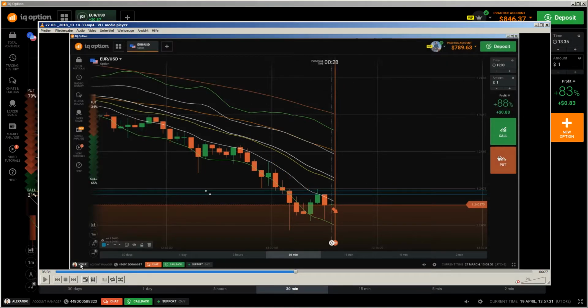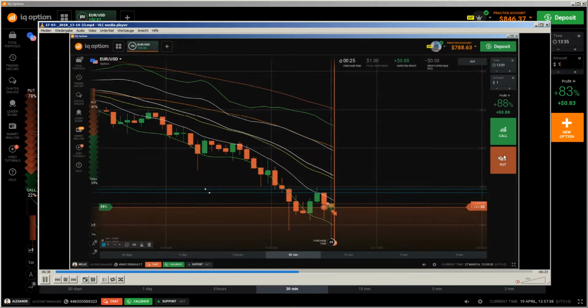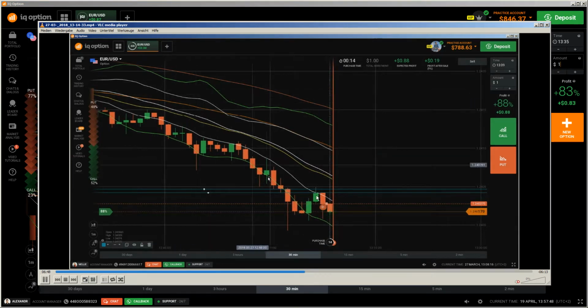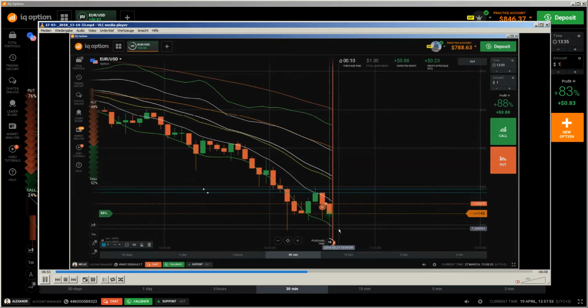So let's see. I recognized it immediately, and then I entered a put immediately without any kind of rejection, because I understood immediately, because it was in the direction of the major trend. This was a little retracement, and this candlestick has shown that we are heading down further, and those are the candlestick setups, those trading setups, which are the best ones.